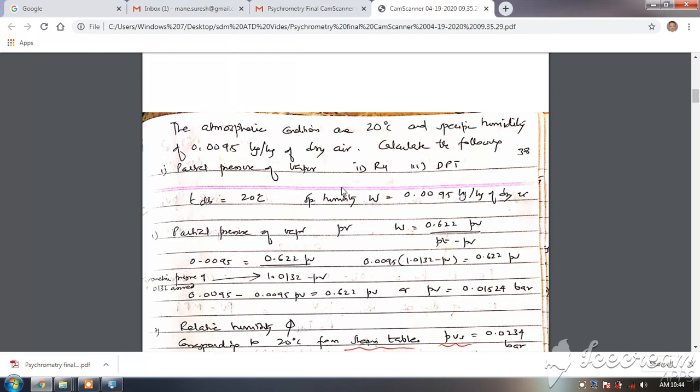When the total pressure of the air is not given, please assume it to be 1 bar or 101.325 kilopascal, whatever the case may be. If you are considering bar, do all calculations in bar, or if you are taking kilopascals, do all the calculations in kilopascals.